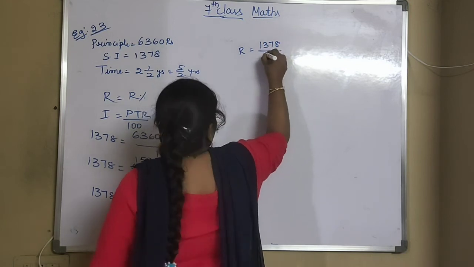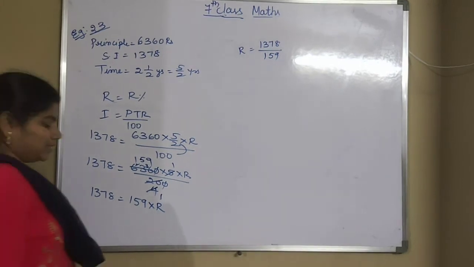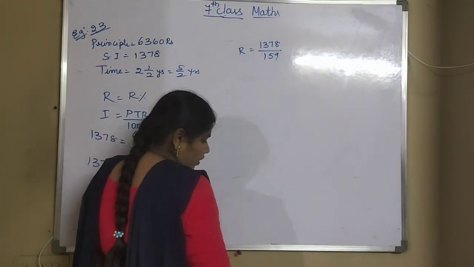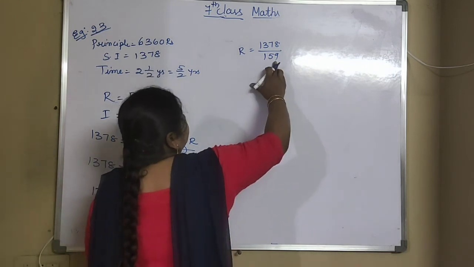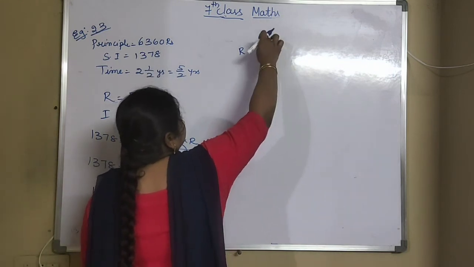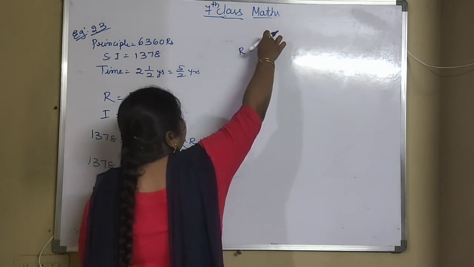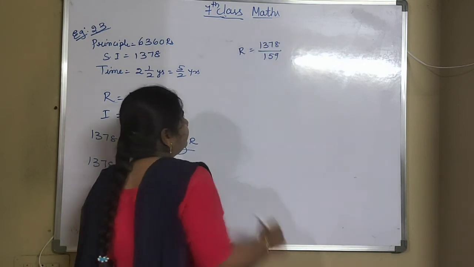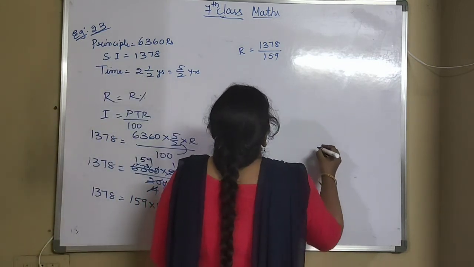Now do the division here. So what will be the rate of percent? We will see here. It will be 14, 15. 3 plus 1 is 4. 4 plus 7 is 11. 11 plus 8 is 19. It will not go in 3 table. So directly we will divide here.